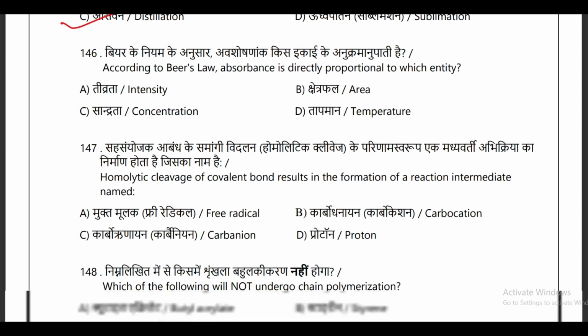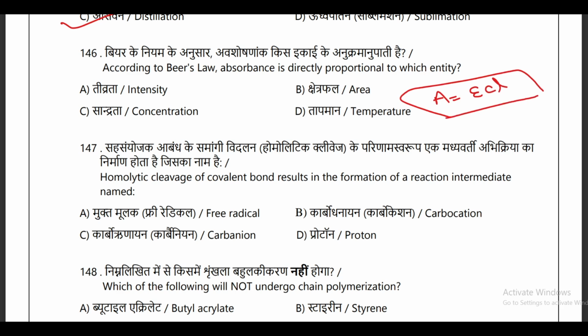In the next question, according to Beer's law, absorbance is directly proportional to which entity? You know the relation: A is equal to epsilon C l.